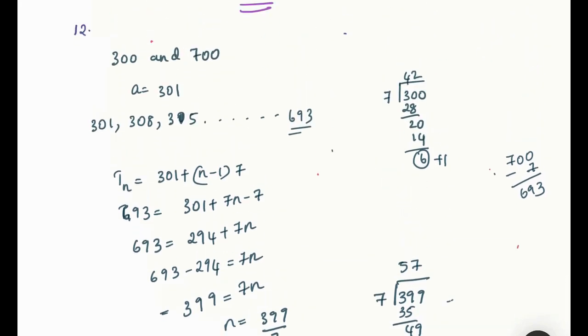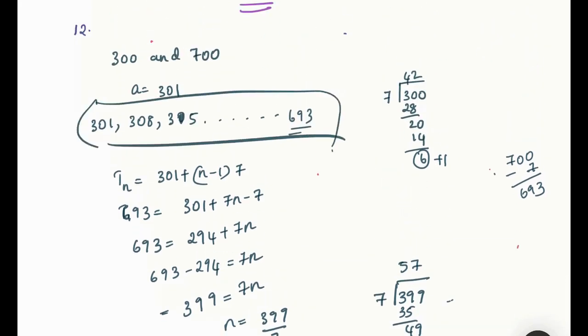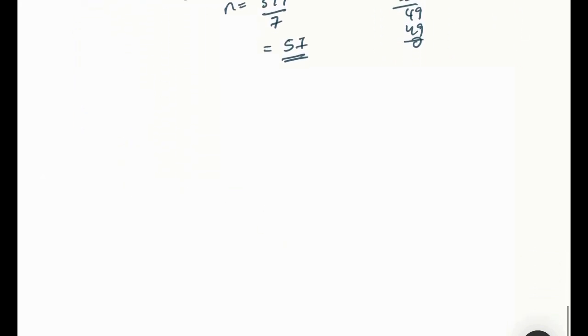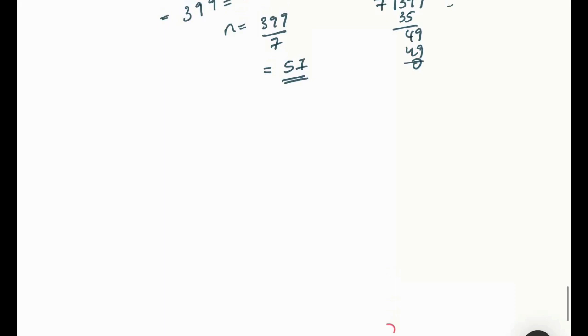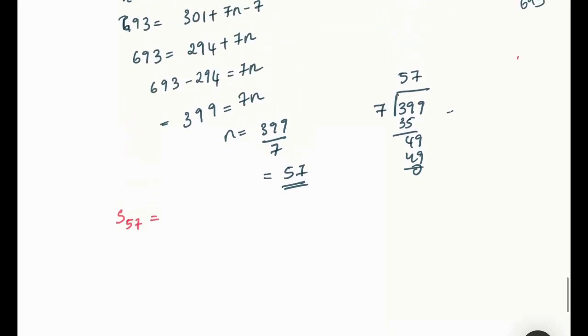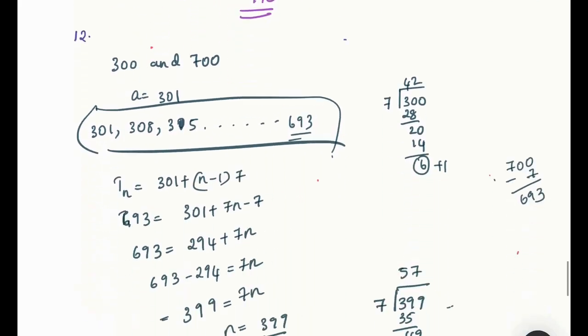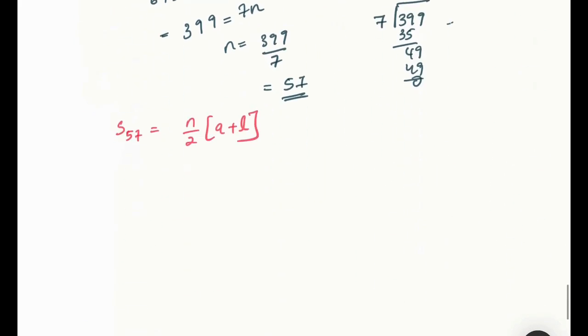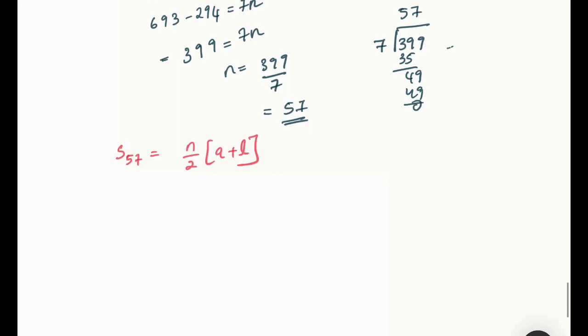This particular series had 57 terms. Now we can find out Sn, right? So what is our Sn? It is S57, and you can directly use the formula n by 2 into a plus l, since we know the first term and the last term. What is the first term? 301 and the last term is 693.